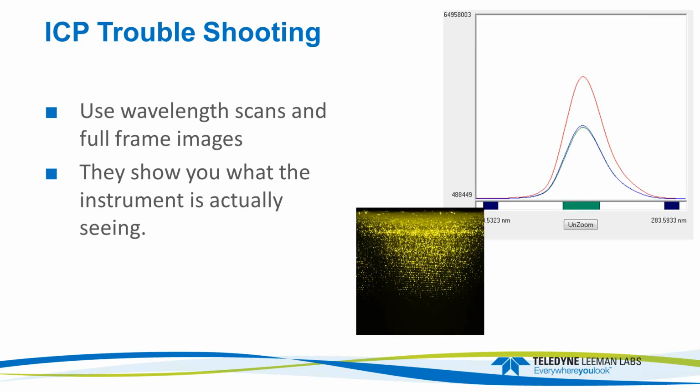And I put more credence in wavelength scans than numerical output from the instrument. This is exactly what the instrument is seeing. So if I have problems, probably one of the first things I do is look at the wavelength scans, and they can tell me a lot.